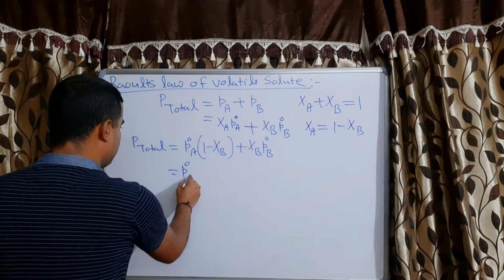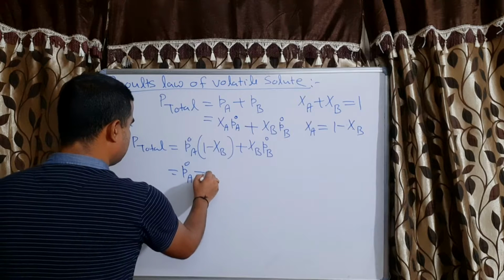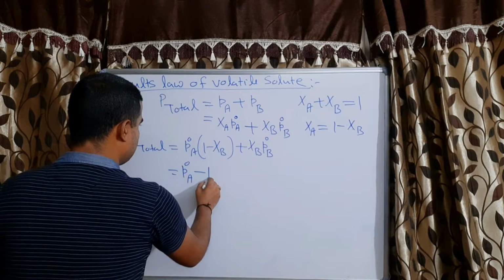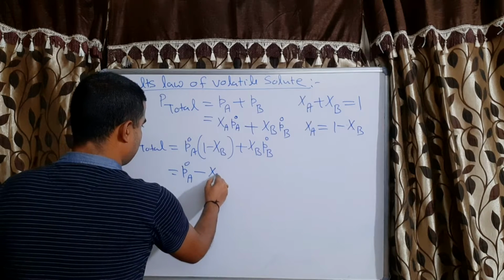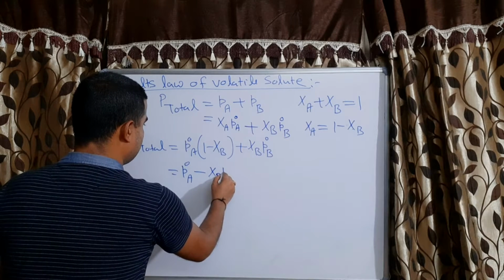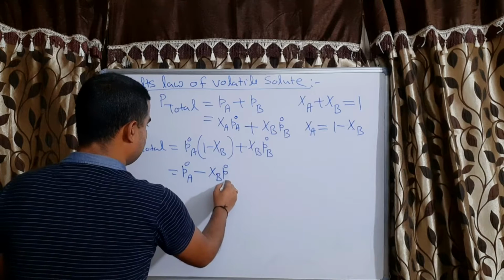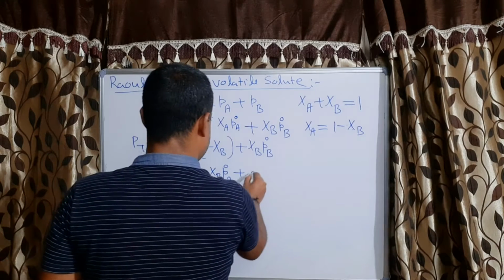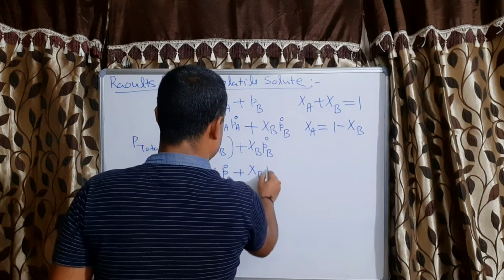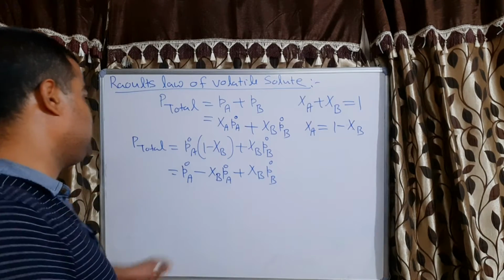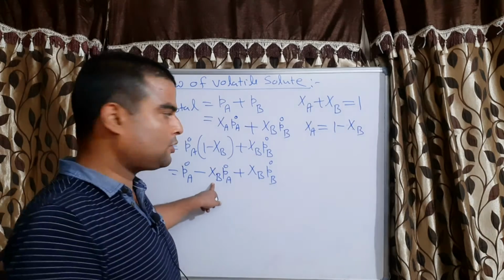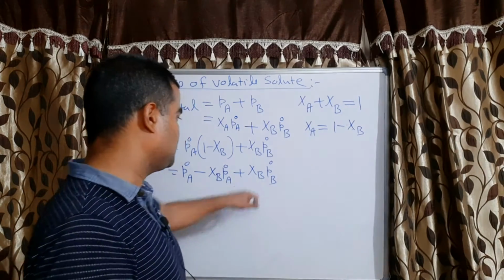So, this will be P naught A minus XB P naught A plus XB P naught B. Now you can see XB is here also and XB is here also. So that will be common.